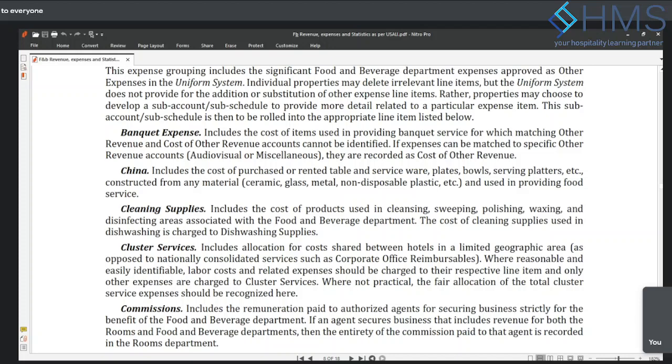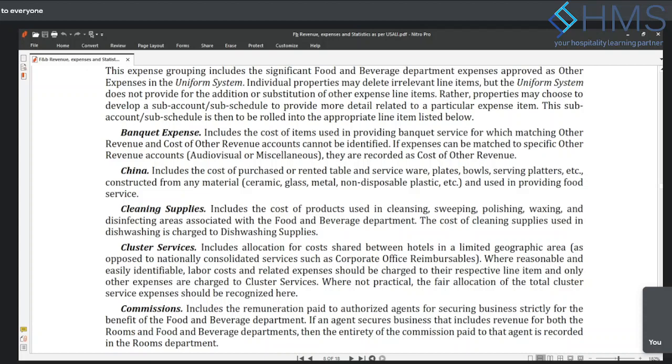You may have a Chinese restaurant, an Italian restaurant, an all-day dining restaurant, and the cleaning supplies would be used in common. So you may either split the cost per square feet of the area, or you can ask if the stewarding department can give you the specific chemicals they are using at individual outlets.